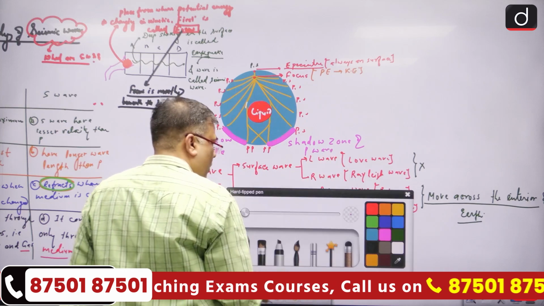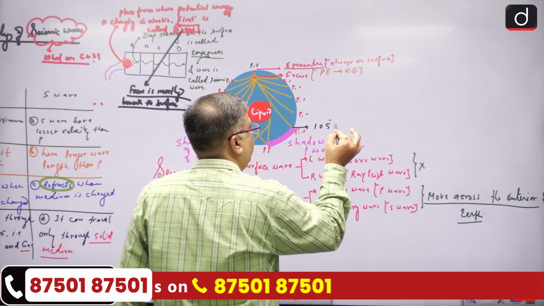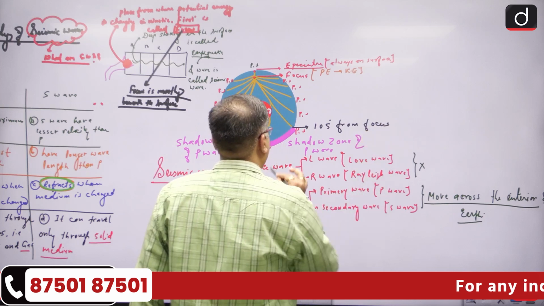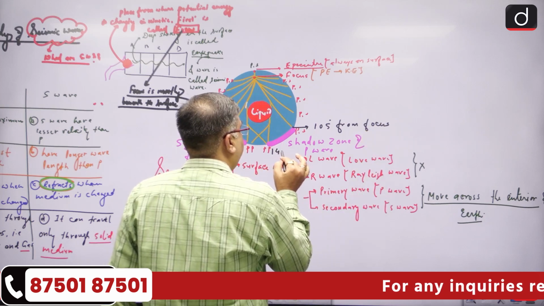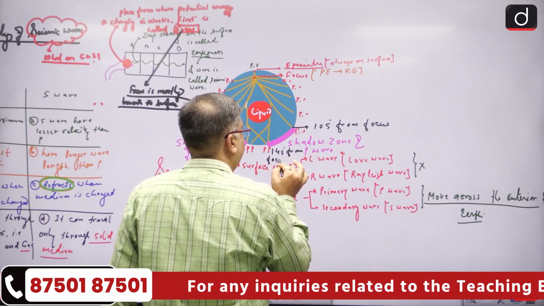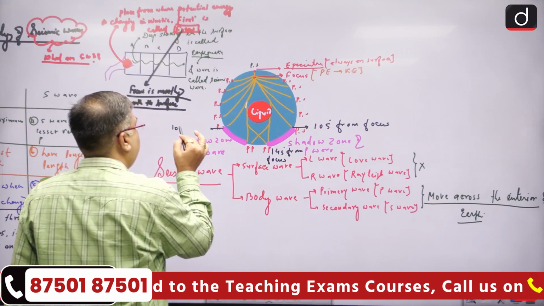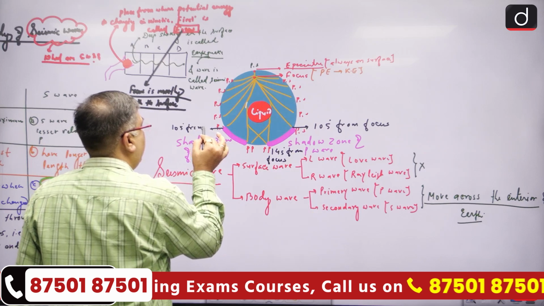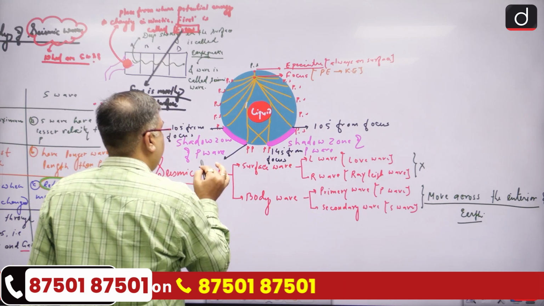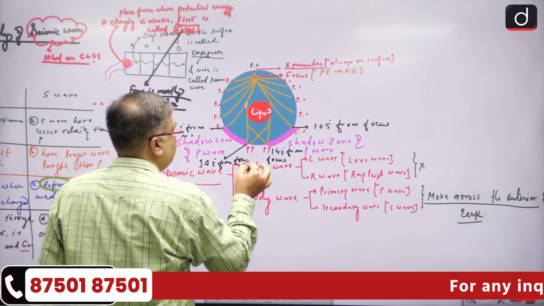This shadow zone of P wave lies between 105 degree from focus to 145 degree from focus. And this side also, 105 degree from focus to 145 degree from focus.